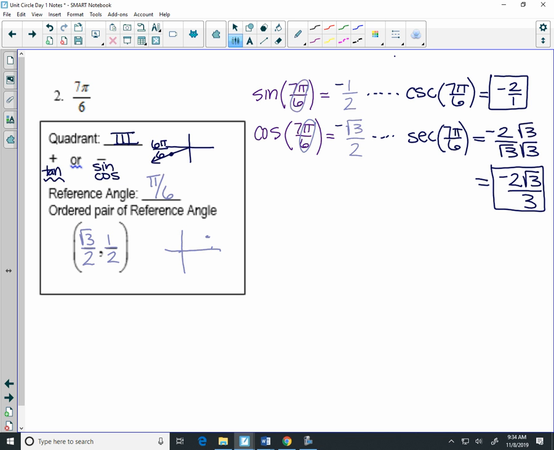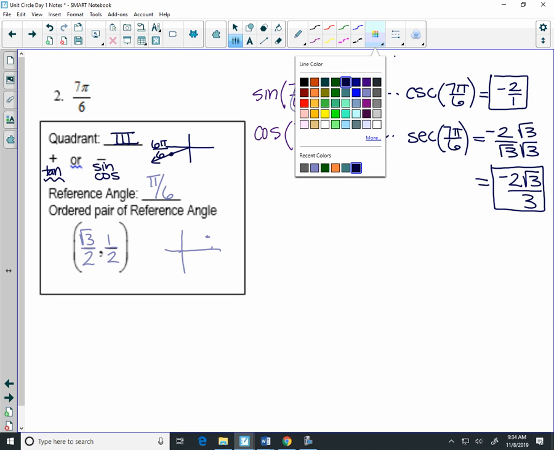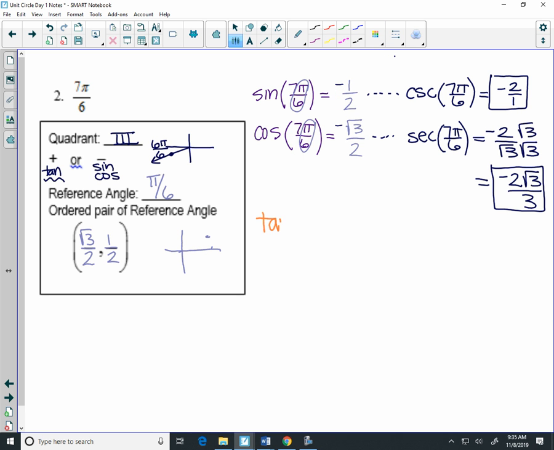All right, let's talk about tangent and cotangent. Tangent of 7 pi over 6. All the pi over 6's, tangent is radical 3 over 3.